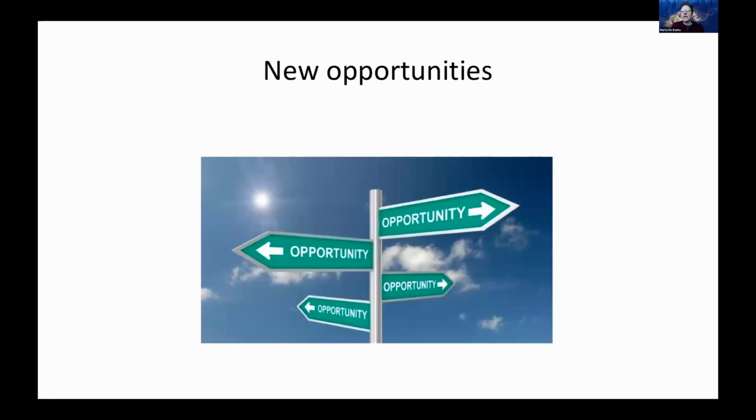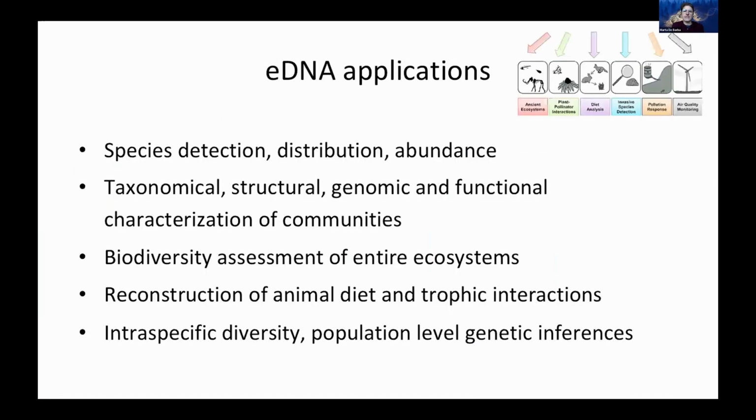And in the past 10 years or so, eDNA applications have really burst, expanding from the initial applications that were mostly focusing on species detection to now being able to assess biodiversity and characterizing communities at the ecosystem level, and also allowing us to reconstruct trophic interactions.